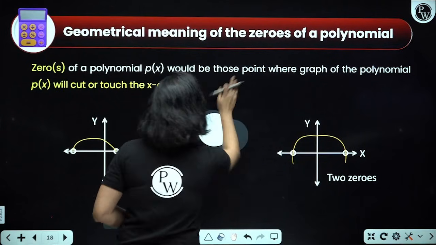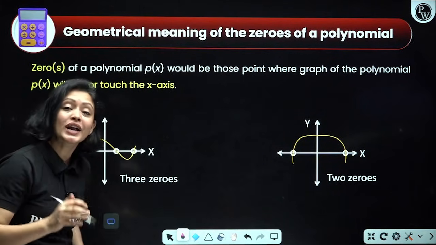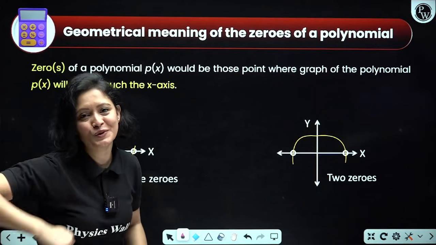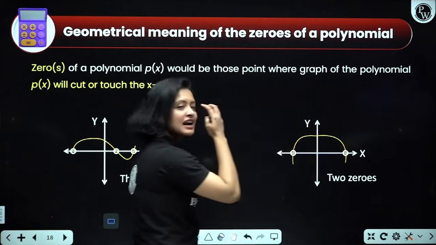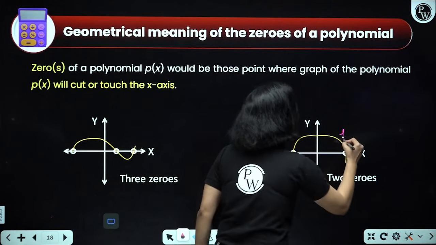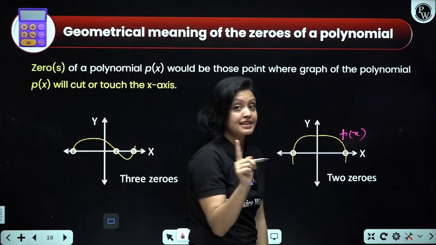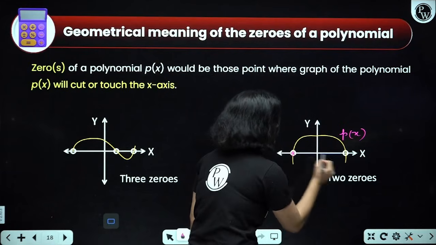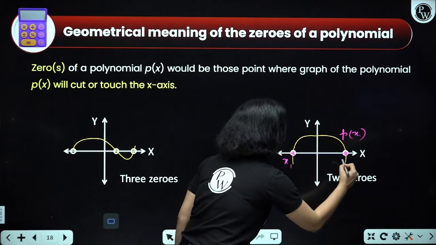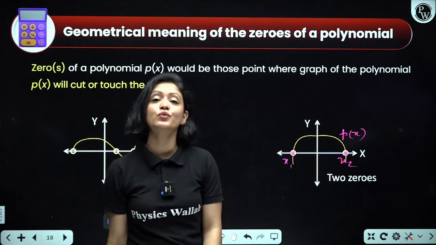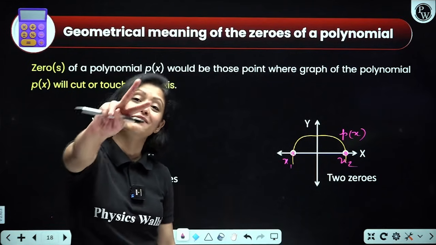Just by seeing the graph of a polynomial, you can tell the number of zeros of the polynomial. For example, here you have this graph of a polynomial p(x). It is intersecting the x-axis at 2 points, x1 and x2, which would be the zeros of this polynomial, and hence there will be 2 zeros.